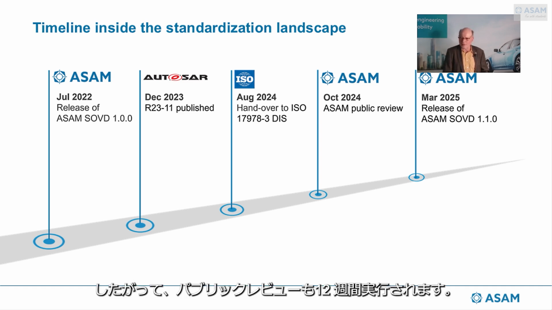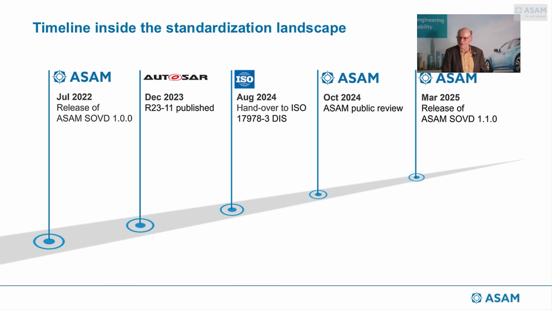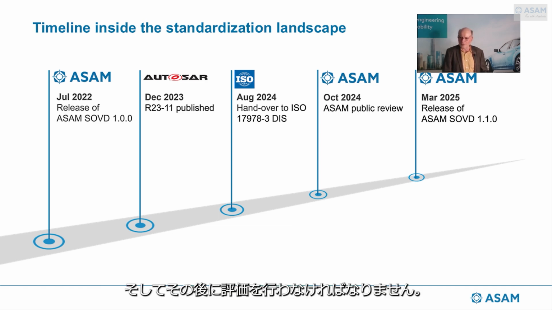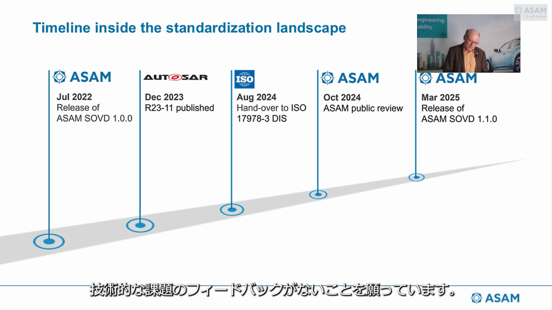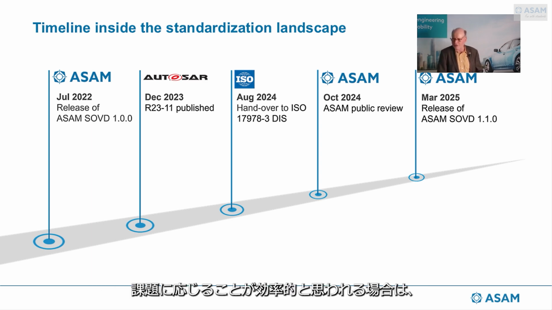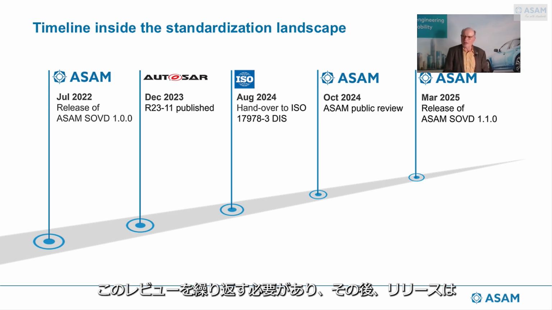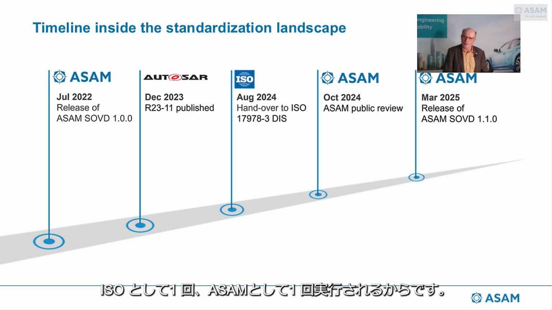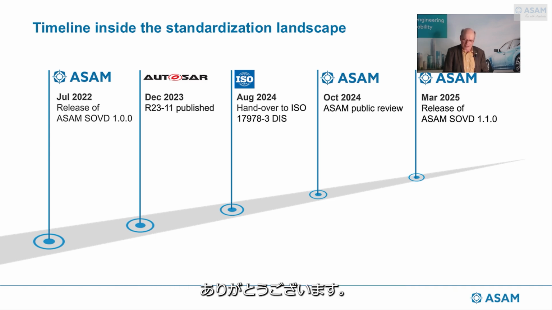So our public review will also run 12 weeks. Afterwards, we have to make the evaluation. We hope that there is no technical feedback, because in case there is technical feedback, this procedure must be repeated. And afterwards, the release will take place once as ISO and once as ASAM.